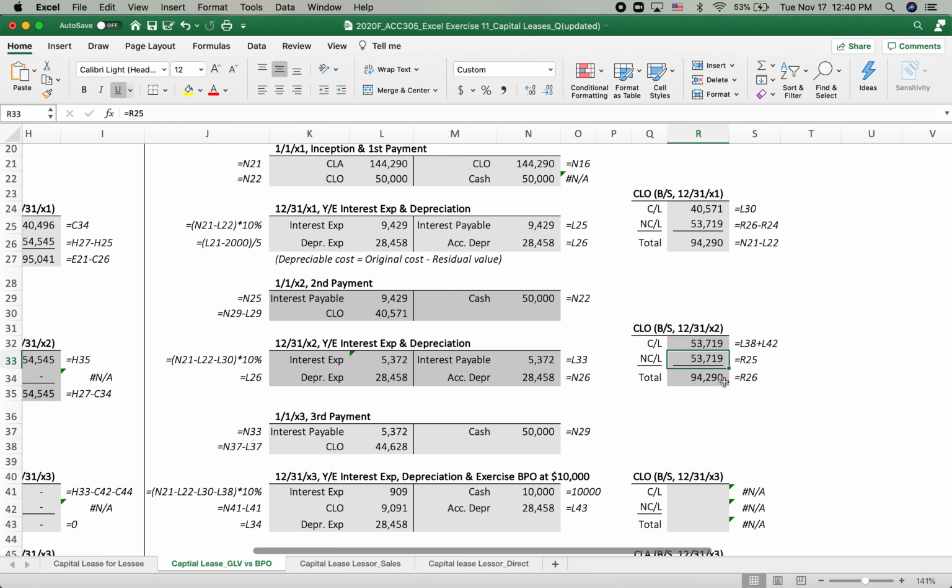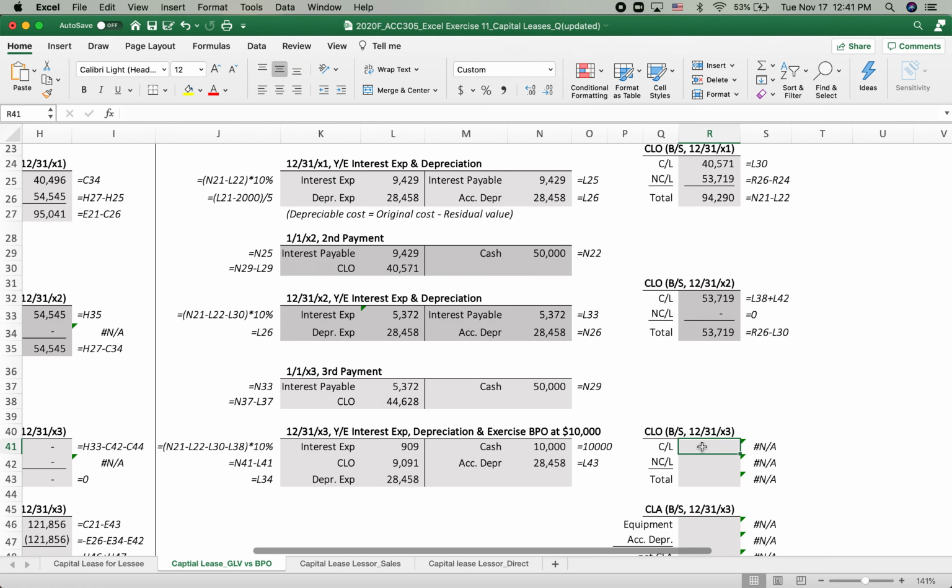Okay, then, oh sorry, this should be reduced by the payment, 40,571. So there's no non-current liability after year 2003, so it should be 0. Okay, and then the current liability doesn't have anything because we've done.